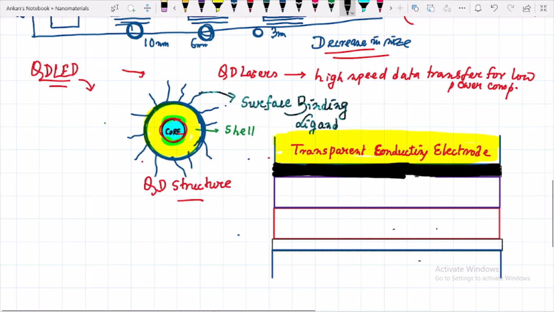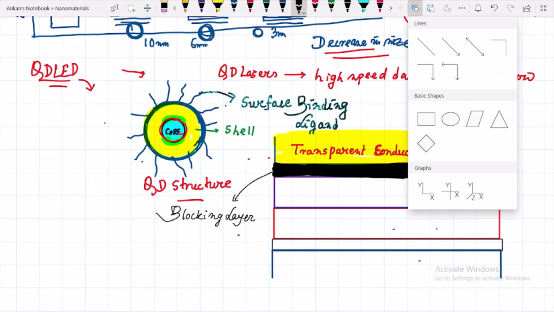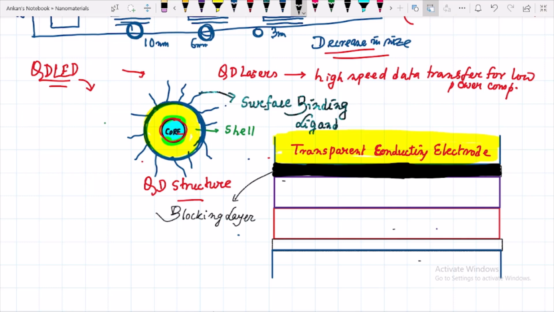Okay, so this is the blocking layer. The next layer is the TiO2 film layer, the titanium dioxide film layer.